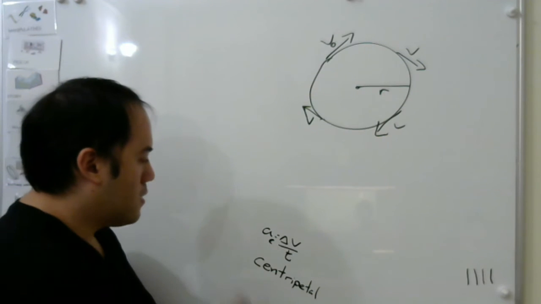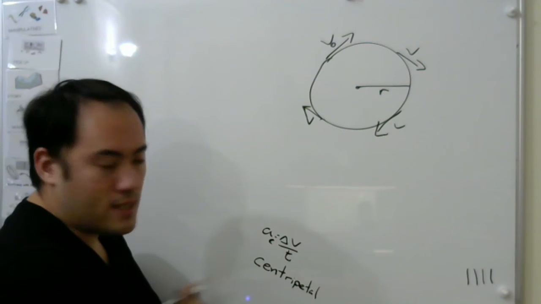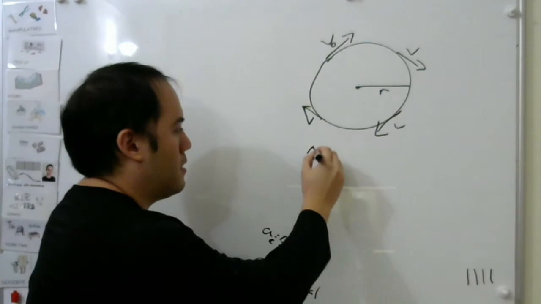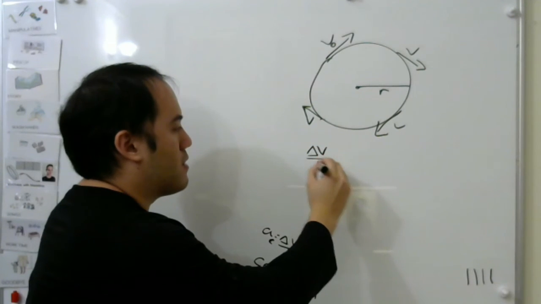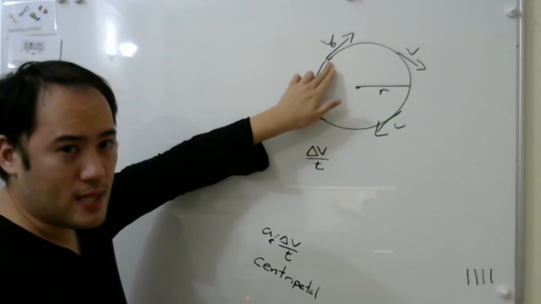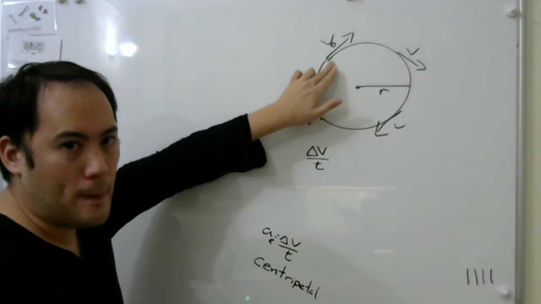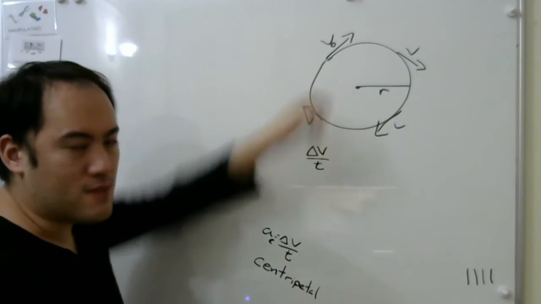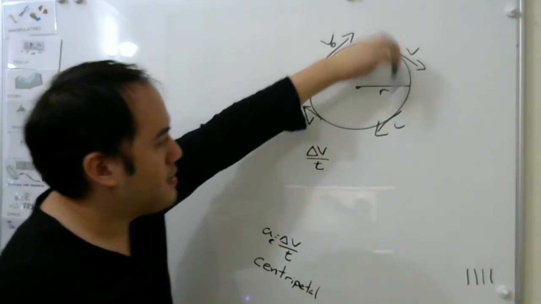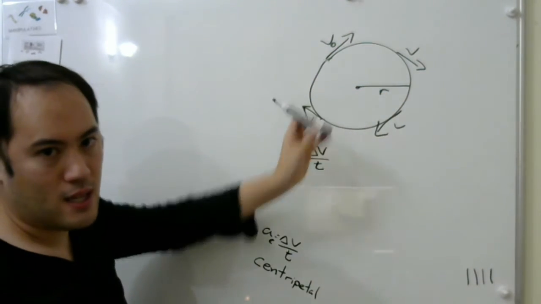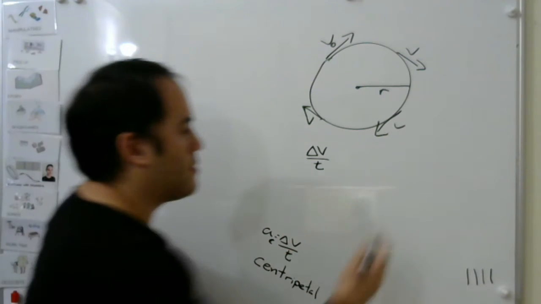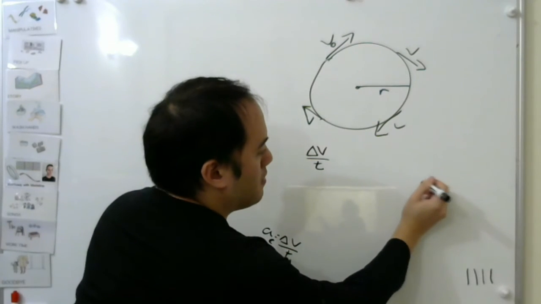Okay, we know centripetal acceleration is delta v over t. Let's derive a formula for delta v over t. It's hard to give delta v as a number, but look at this v. The speed doesn't change. It starts like this, then it's like this, then it's like this, then it's like this. What would happen if we drew all the v's starting here?